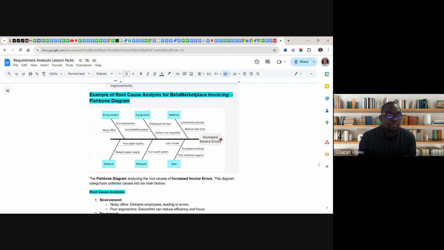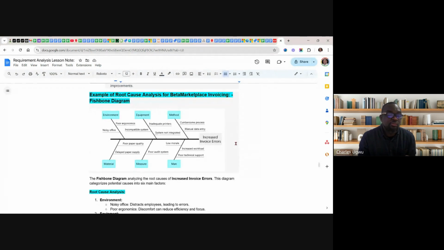We try to identify all the possible areas where a problem can come from in this system: method, equipment, environment, material, measure, and man.